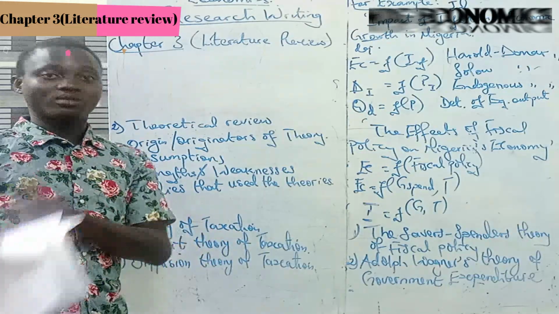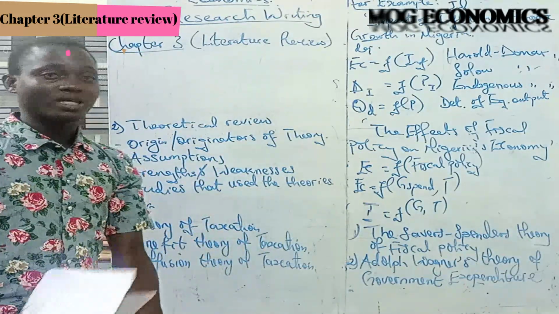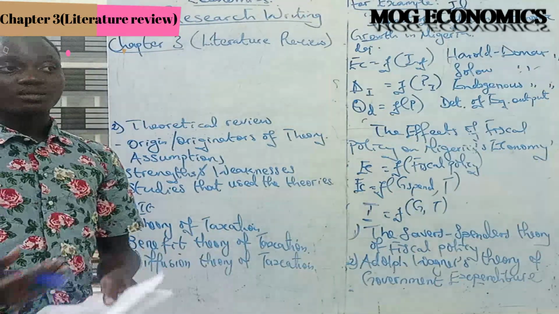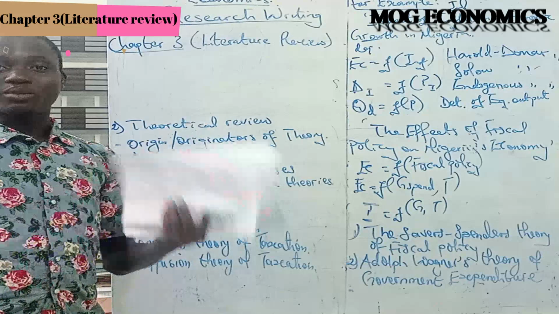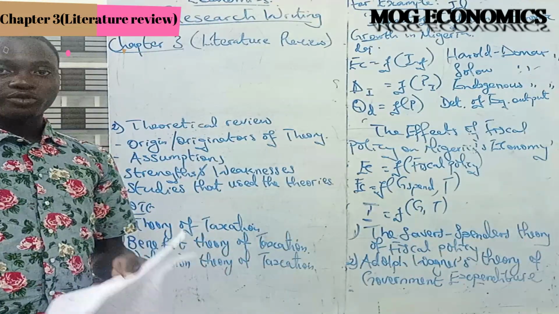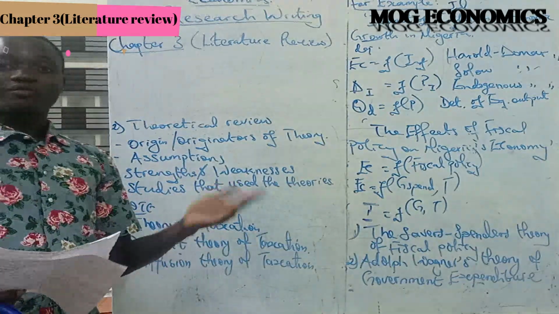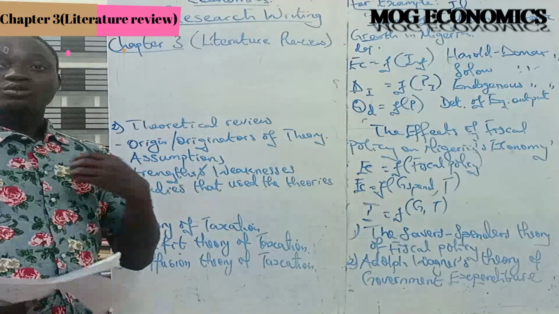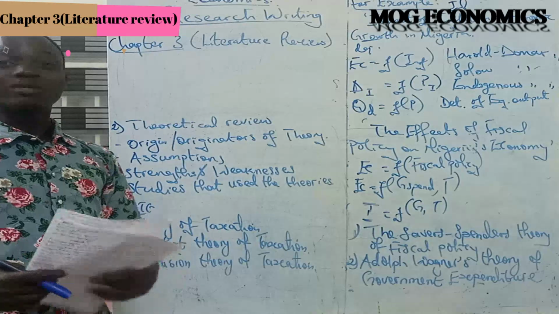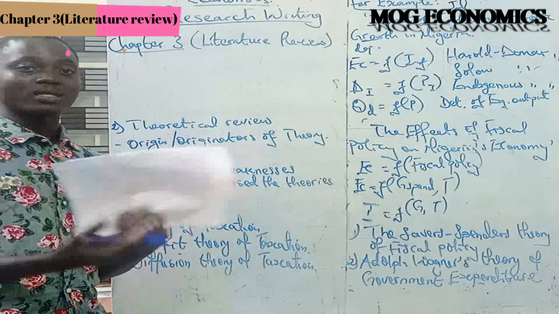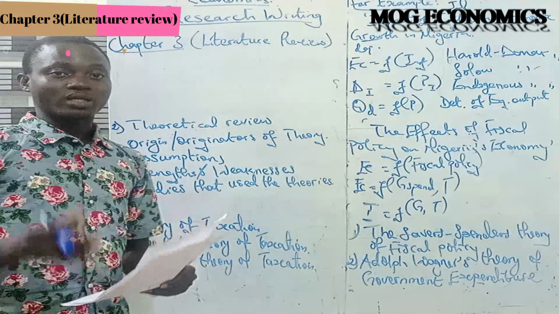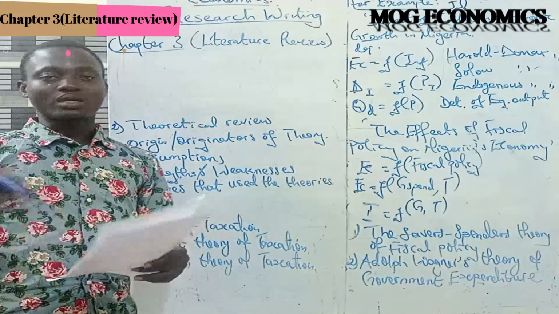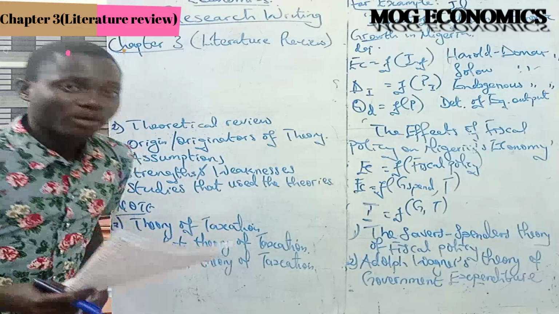That's for now based on my present level of understanding. You might go through your journals and not see many theories you can take from, or maybe the theories you found are not really the theories you want to use, but you still review them nonetheless. The theory that you really want to use, that you're interested in, you can browse for that and include it in your chapter 3. So when you get to chapter 4, you talk about, okay, I want to use this particular theory and what have you. So that's that about that.